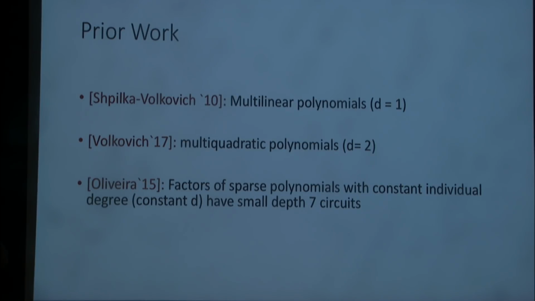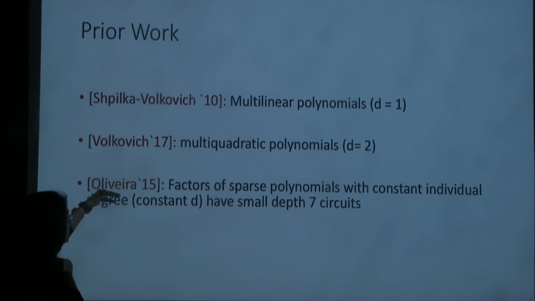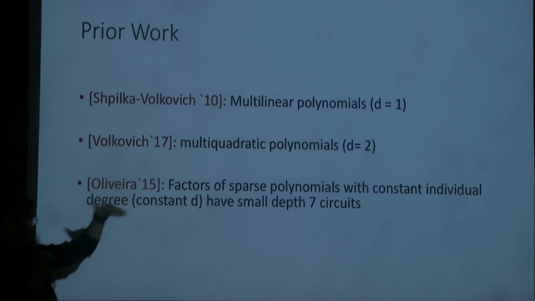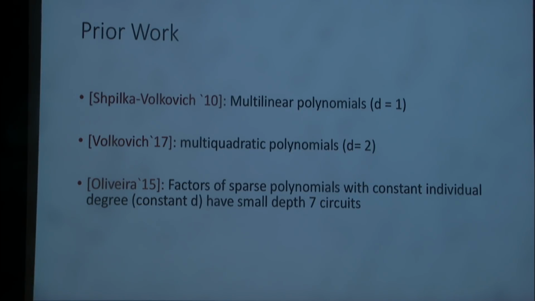A sparse polynomial is a polynomial with a small depth 2 circuit, because a sparse polynomial is a sum of products, and if the number of monomials is not too many, that means there's a small depth 2 circuit that computes it. So if you want to show that factors of sparse polynomials are sparse, that would mean the factors of small depth 2 circuits have small depth 2 circuits. What Oliveira showed was that they have small depth 7 circuits. In particular, for any depth, he showed that factors of small depth circuits have smallish depth circuits.